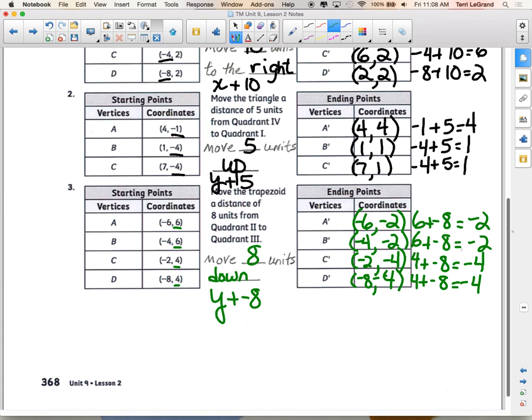Okay, so there's all of our ordered pairs that will help us create the transformed trapezoid. Don't forget to label the points and give them their ordered pair names on the graph also. And then see if it looks like we did what they asked us to do.